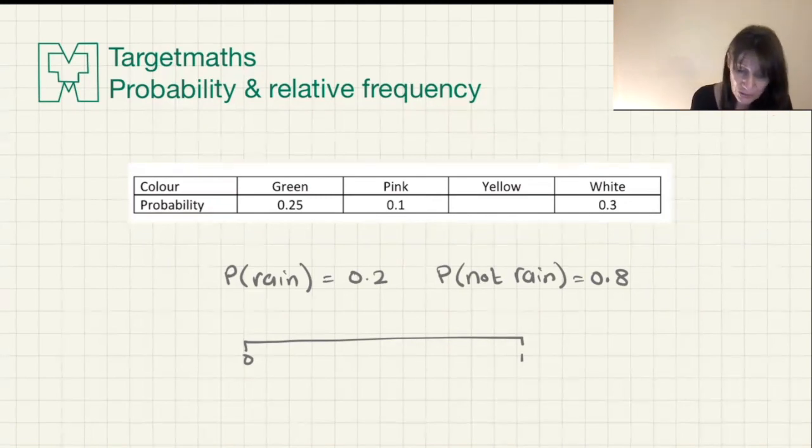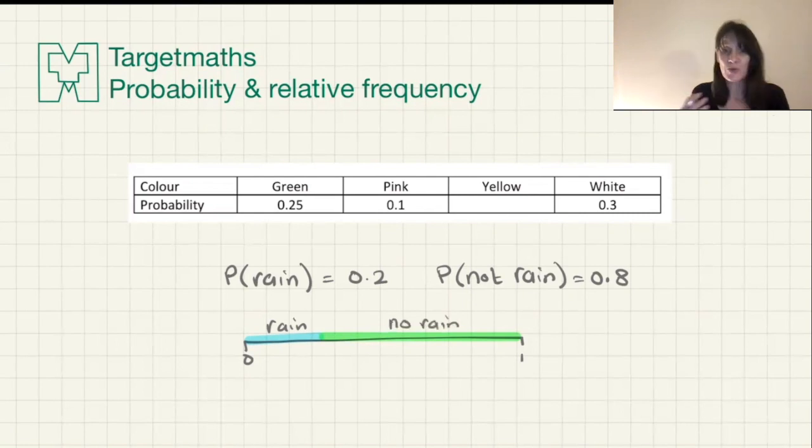So what I've got on this probability line is 0.2 for rain, and then 0.8 for no rain. And together, 0.2, 0.8, they create that whole, that 1.